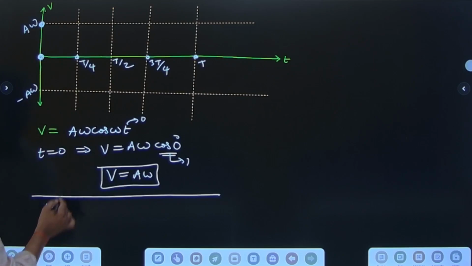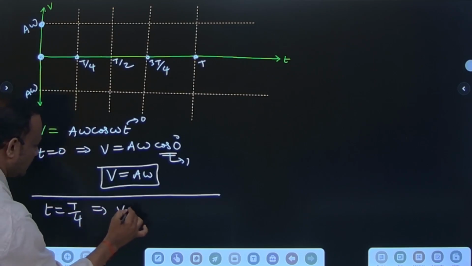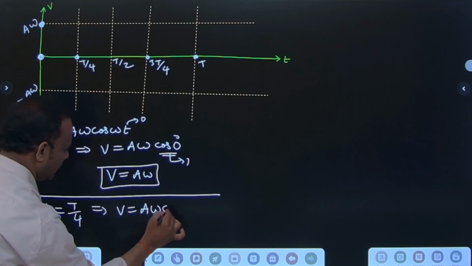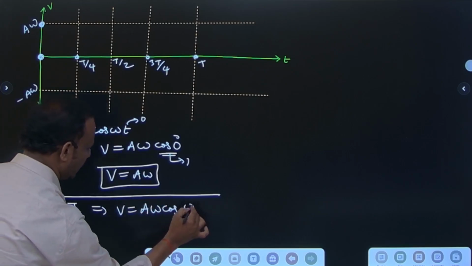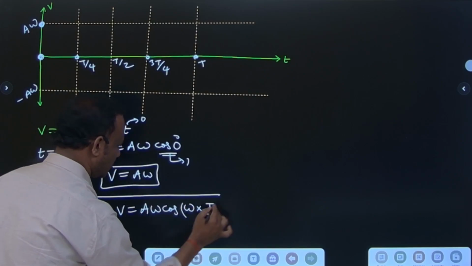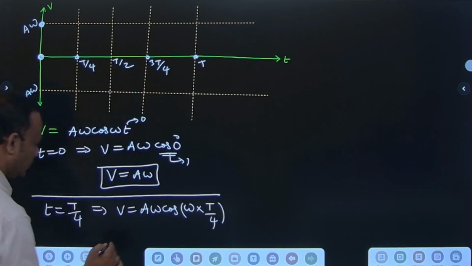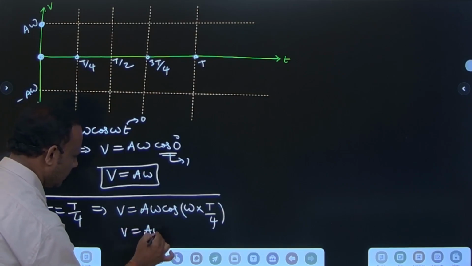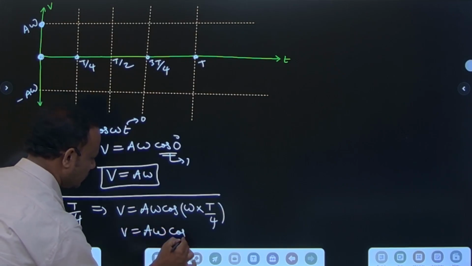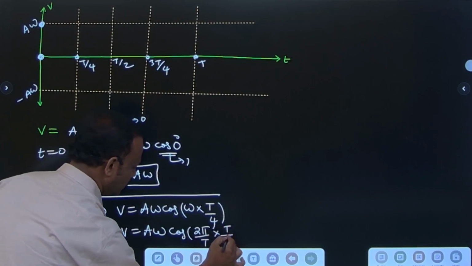And next one at t equal to T by 4. V is equal to A omega cos omega times t, that is T by 4. So V is equal to A omega cos, where omega is 2 pi by T into T by 4.